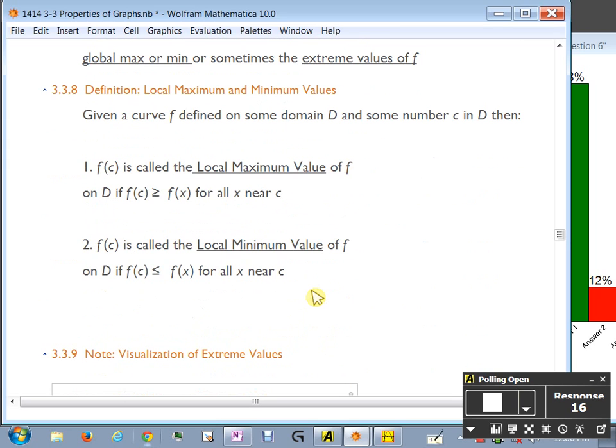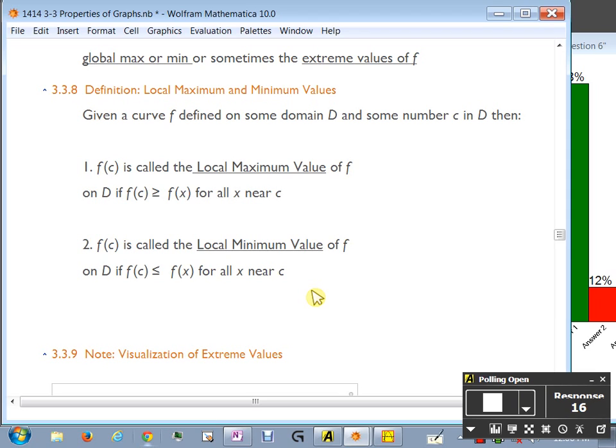Now, we have the idea of the absolute maximum and minimum versus what's called the local maximum and minimum. Like if we look at everyone's heights, we would have somebody in here who would be the tallest person in here, and someone who would be the lowest.